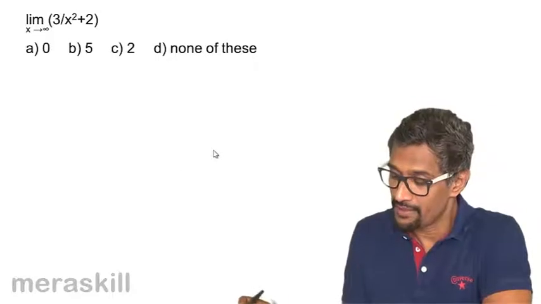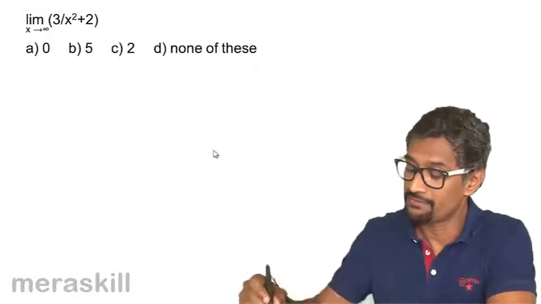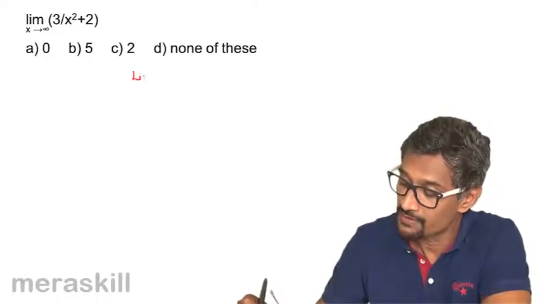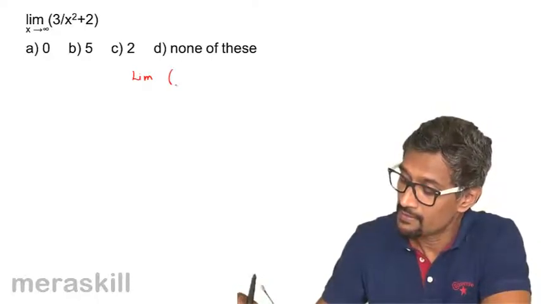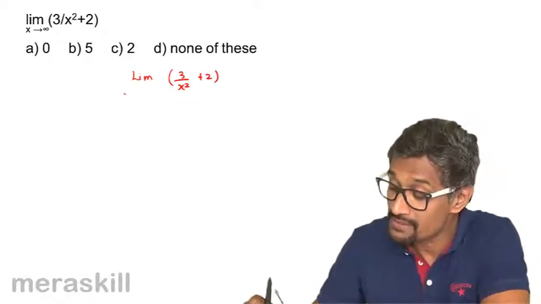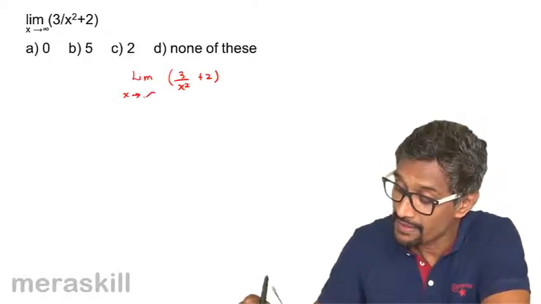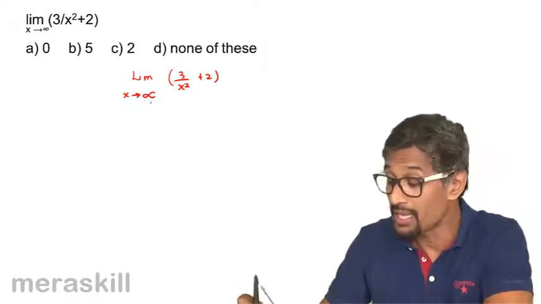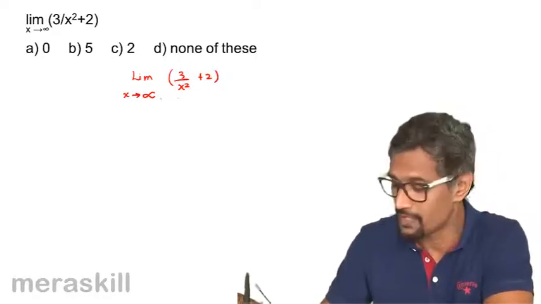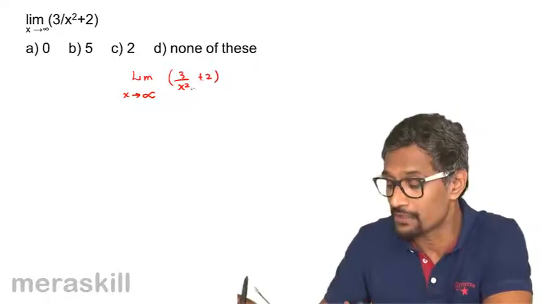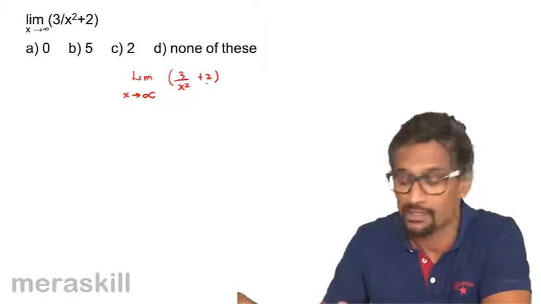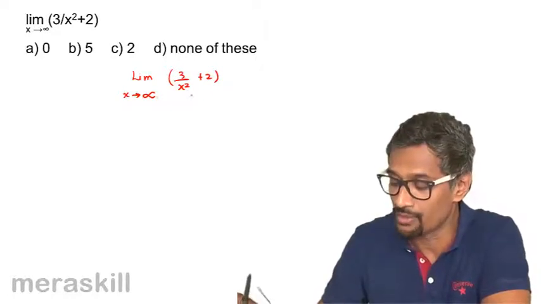Now here we have the limit of the function 3 upon x squared plus 2 as x approaches infinity. Again, you can't substitute the value of infinity over here. We don't know what infinity would be; it is not an assigned number. It will be some huge trillions, millions, anything. There is no end to it.